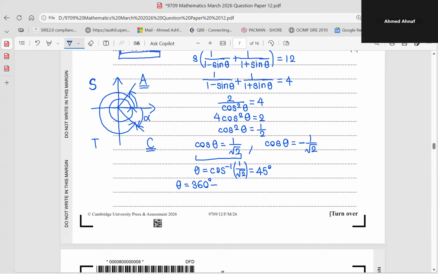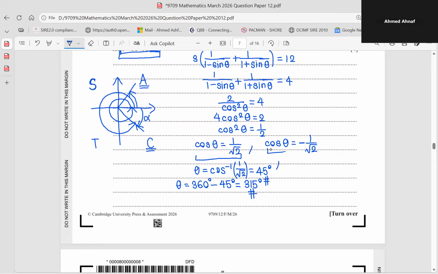It's the angle in the first quadrant, cosine inverse of 1 over square root 2. So it's 360 degrees minus 45 degrees, and you'll get 315 degrees. These are our first two answers for theta, for cosine theta equals 1 over square root 2.